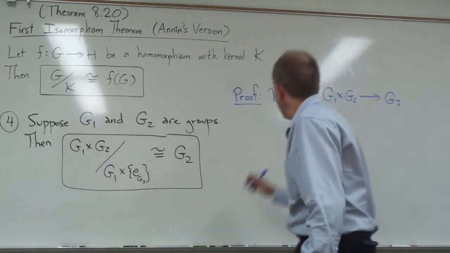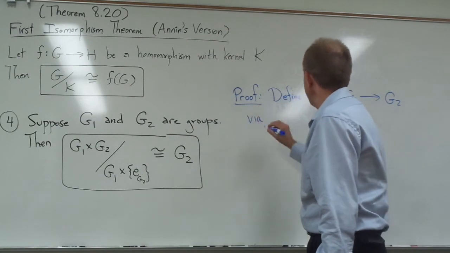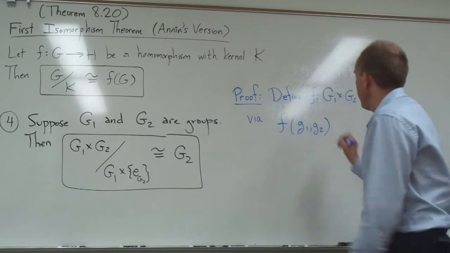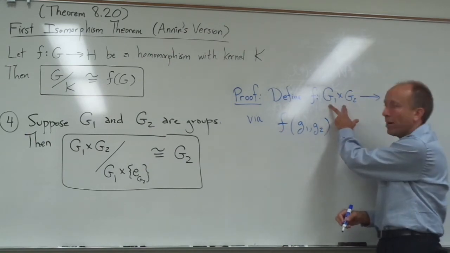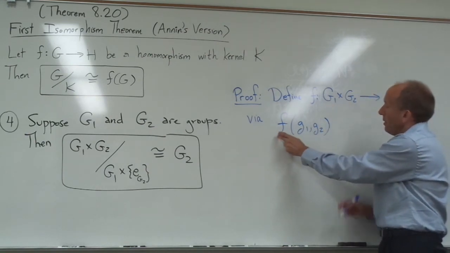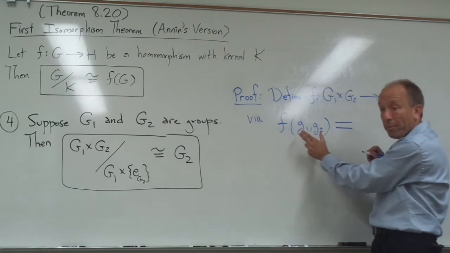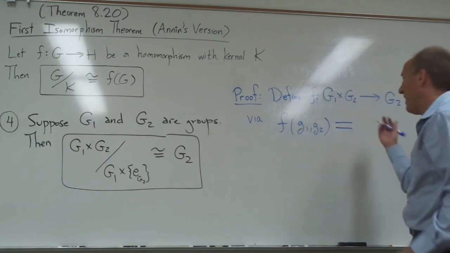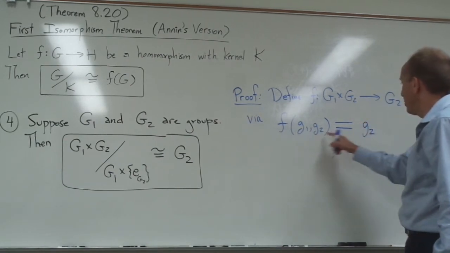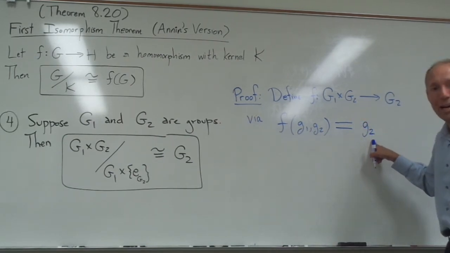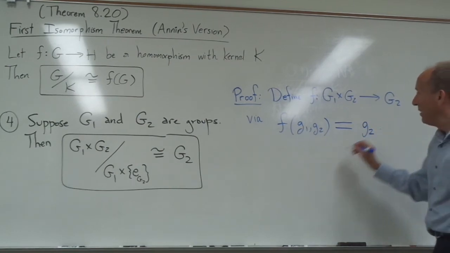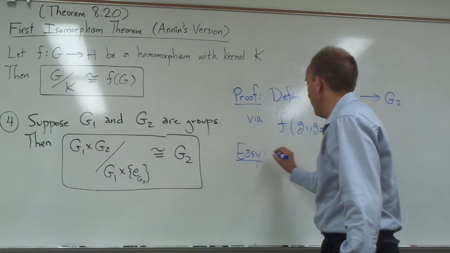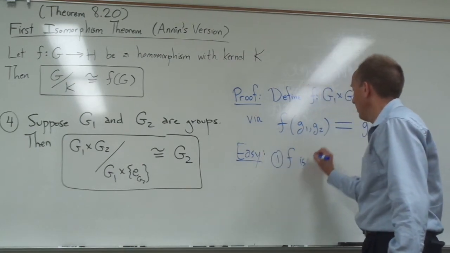And the way that you would do this is, you're going to take an element, let's say G1 comma G2, inside of the cross product group here. What is F going to do to that element? Well, it needs to give me an element out of G2. And the natural thing to do is to just take this G2 and put it here as your output. It's going to be easy to check, I won't do it right now, that F is a homomorphism.